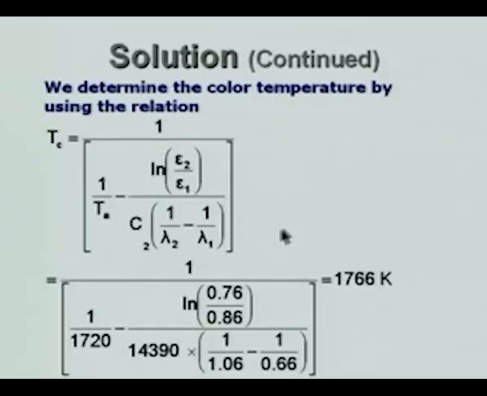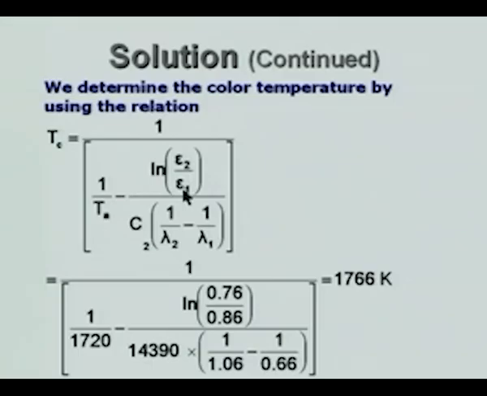All I have to do is to use the definition of the color temperature, and in the previous lecture we have actually derived this equation, and I am just writing it down again. Tc, the color temperature, is given by 1 over this entire thing: 1 over Ta, where Ta is the actual temperature, minus the logarithm of the ratio of the emissivities, epsilon 2 by epsilon 1.